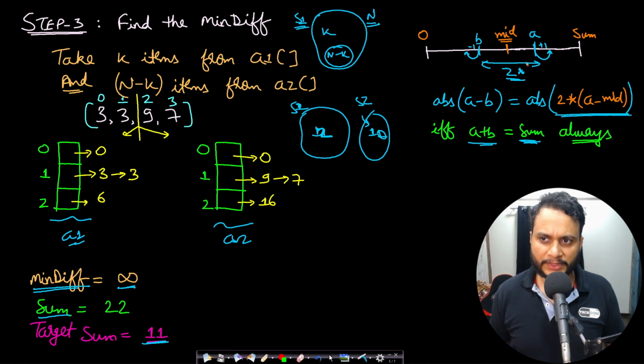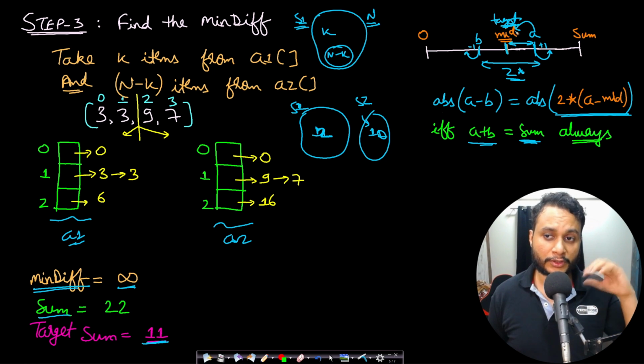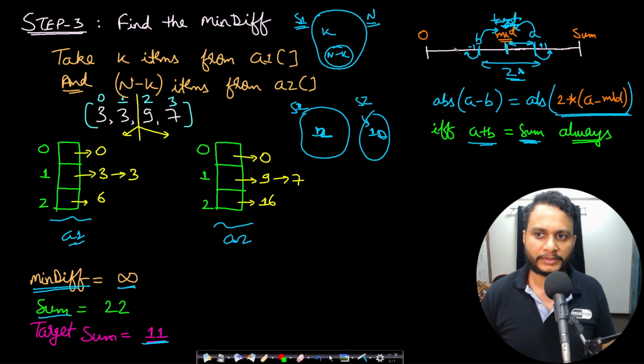Whatever is the min difference between A and the middle value, that middle value in this case is our target value. This is the most optimal value, because if A is equal to mid sum, which is the total sum of the array by 2, then B will also be the mid sum, that means total sum of the array by 2, right?